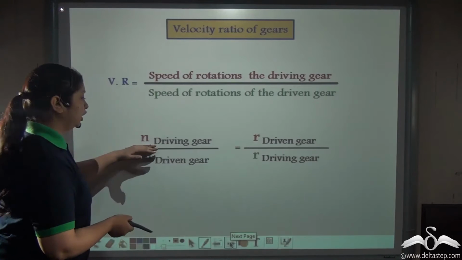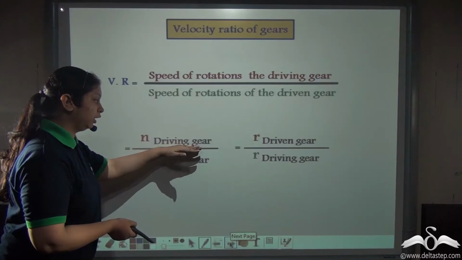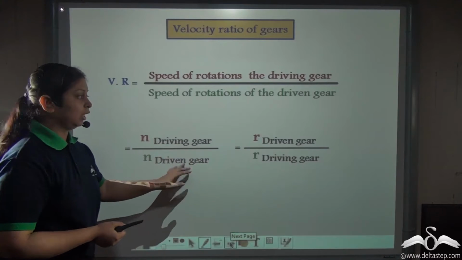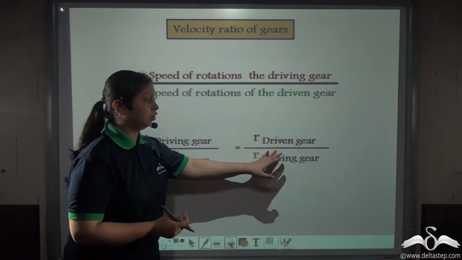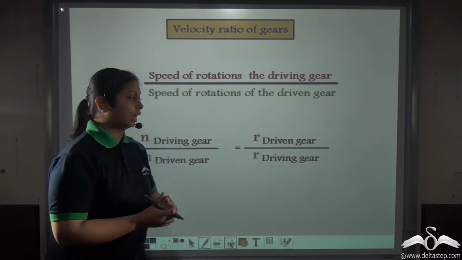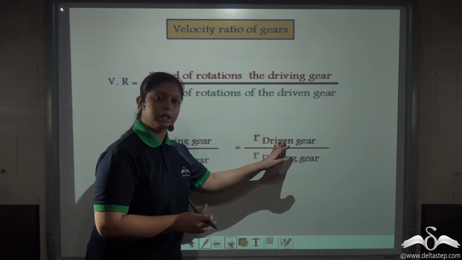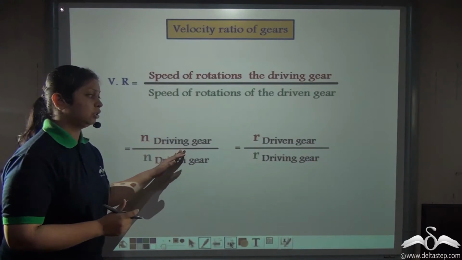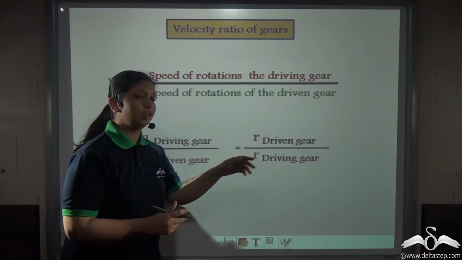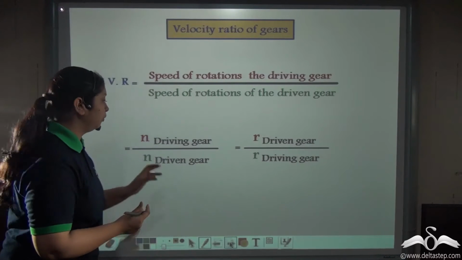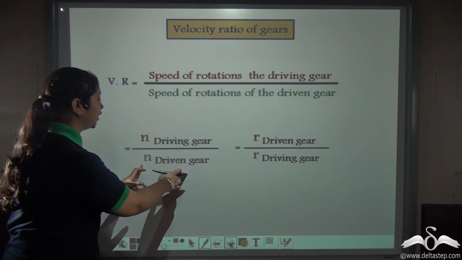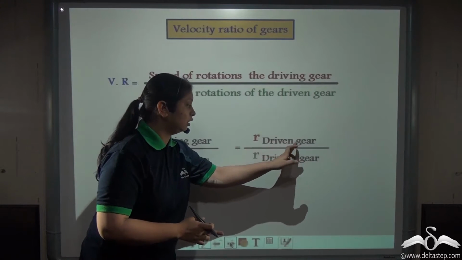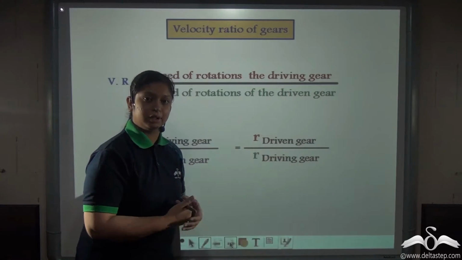So, if the ratio of the speed of rotation of the driving gear to the speed of rotation of the driven gear is written like this, then this is equal to the ratio of their radius, that is the radius of the driven gear to the radius of the driving gear, because we know that speed of rotation is inversely proportional to the radius of that wheel. So, n driving gear divided by n driven gear is equal to r, or radius of the driven gear, divided by the radius of the driving gear.